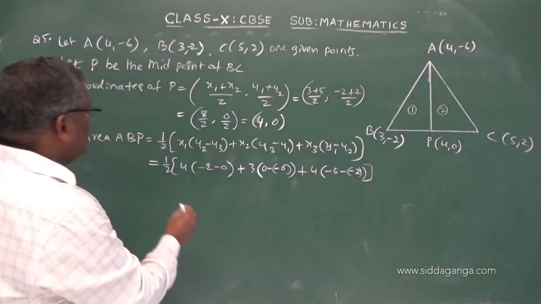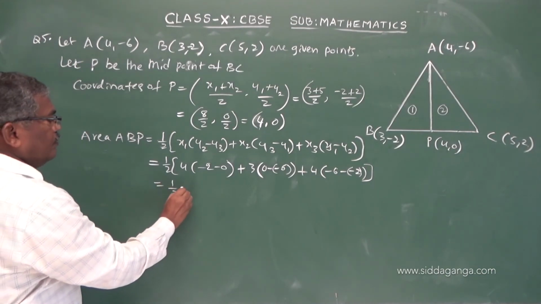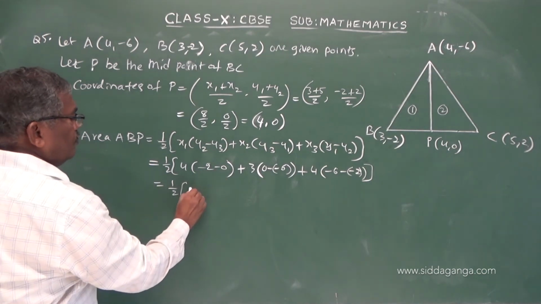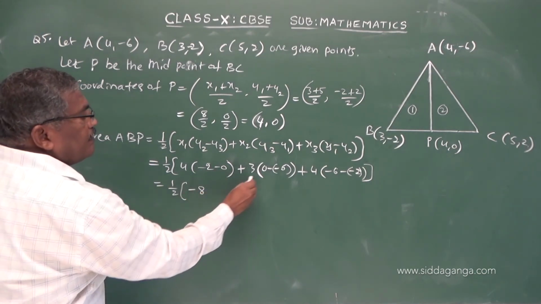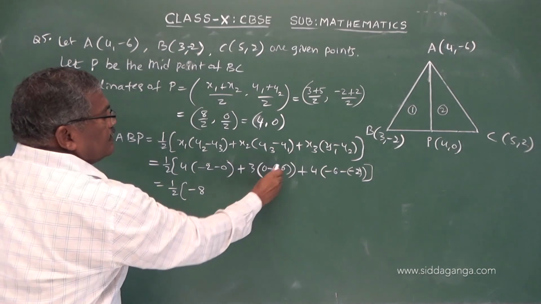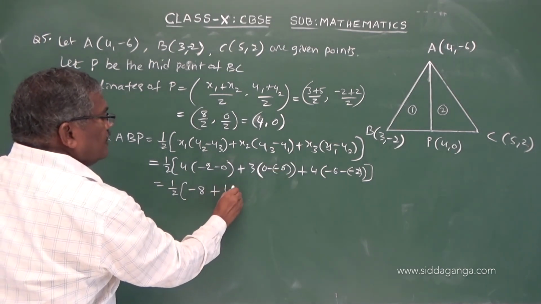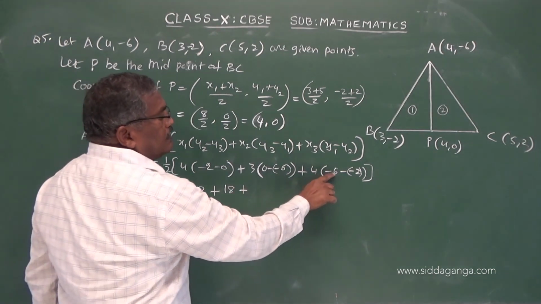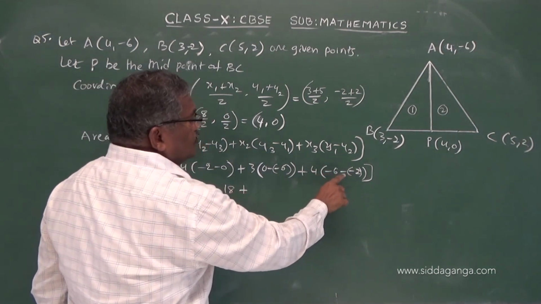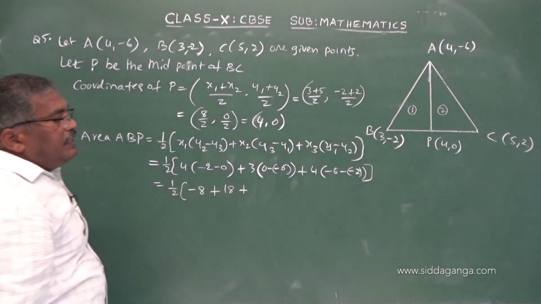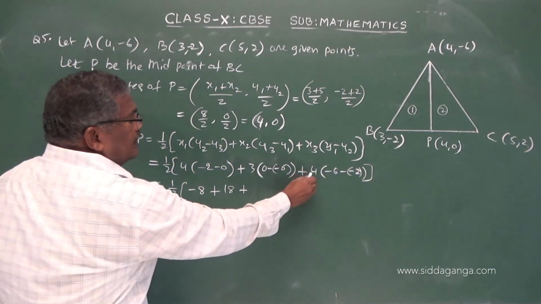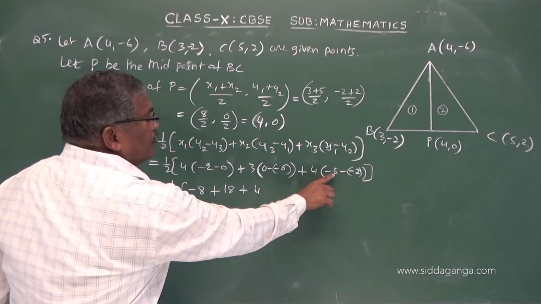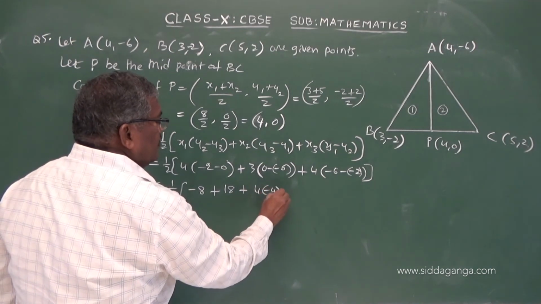Now simplify. 1 by 2 into 4 times minus 2 is minus 8, then minus of minus 6 is plus 6, so you get 18, then minus 6 minus of minus 2 is minus 4, so 4 into minus 4 is minus 16.